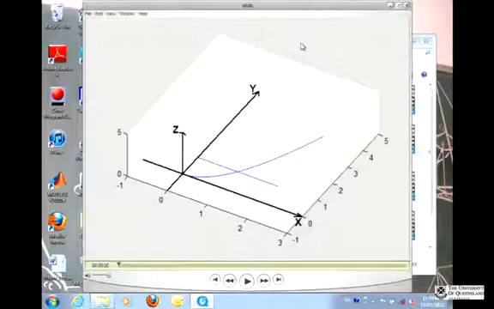Now we're interested in the volume above that region and below the surface with equation z equals 4 minus x squared minus y squared. I've just included the part of that surface that sits immediately above that region in the xy plane.